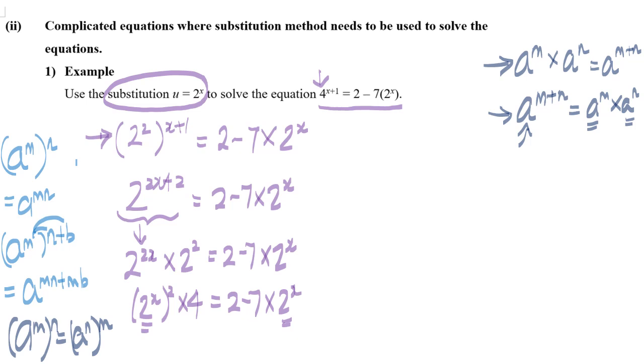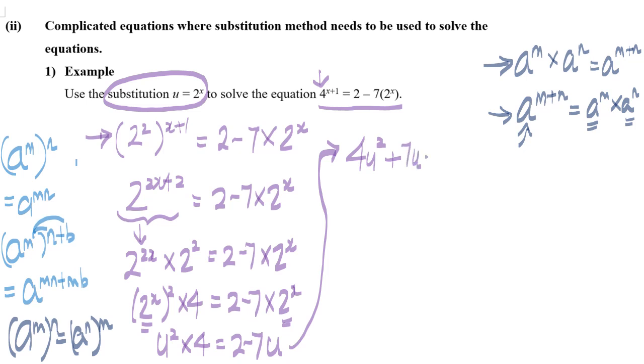So now we can replace 2 to the power of x with the letter u. And what do we end up with? We actually end up with a quadratic equation. With quadratic equations, you can use the calculators to help you find the values of u, or you can use the quadratic formula.